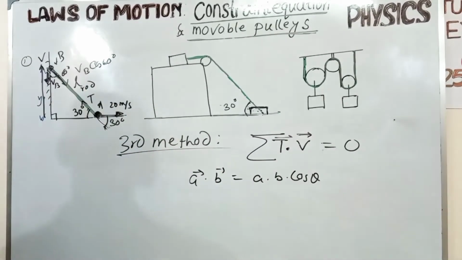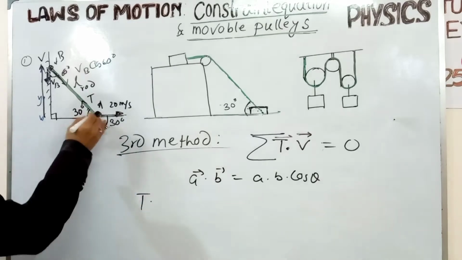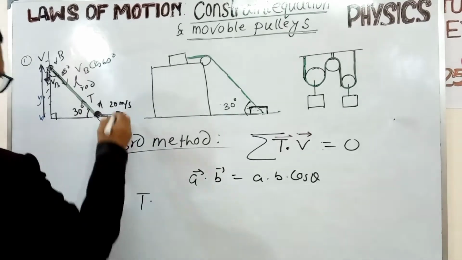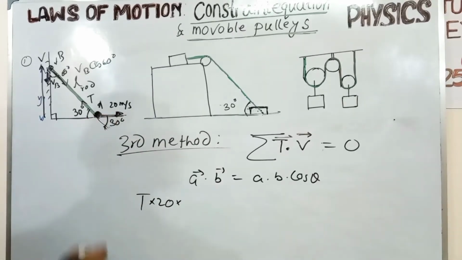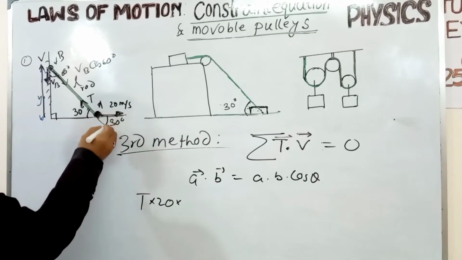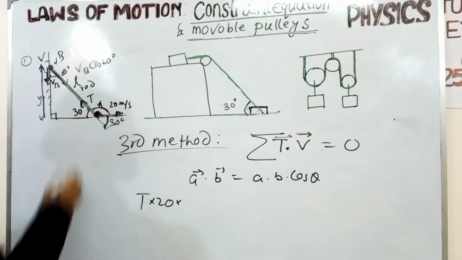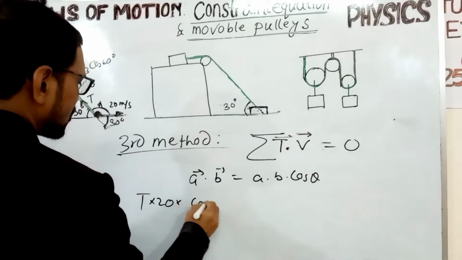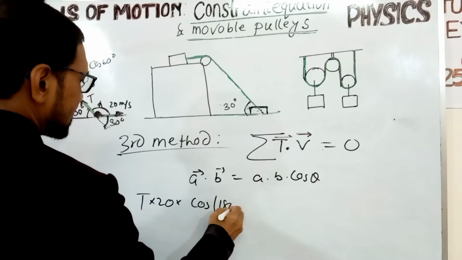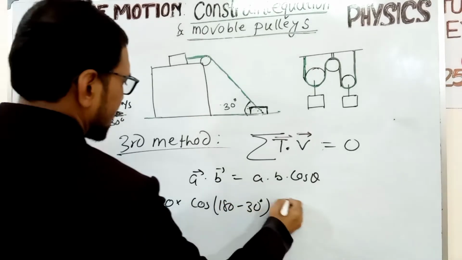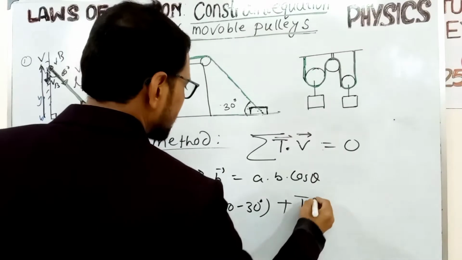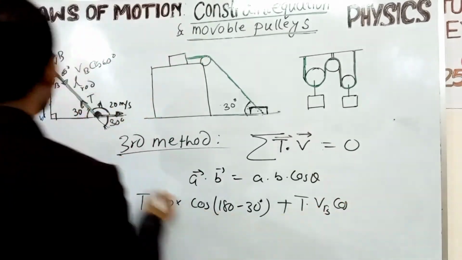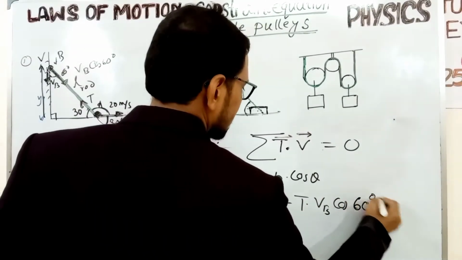If we apply this theory here, the tension of the rod is T, into velocity 20, into the angle between T and V. If this is 30 degree, then this angle is 180 minus 30, that is cos of 180 minus 30, plus this tension is along this direction, T into VB into cos 60 degree equal to 0.